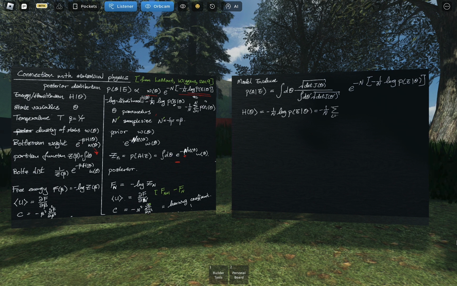Using the IID assumption, we get this. By the law of large numbers, this converges almost surely to the KL divergence between the true distribution and the density at theta, plus the entropy of the true distribution.